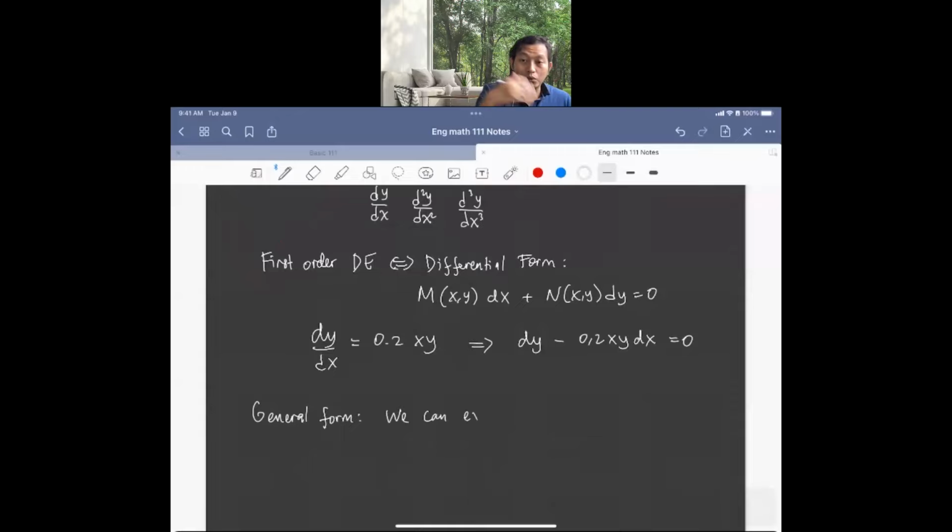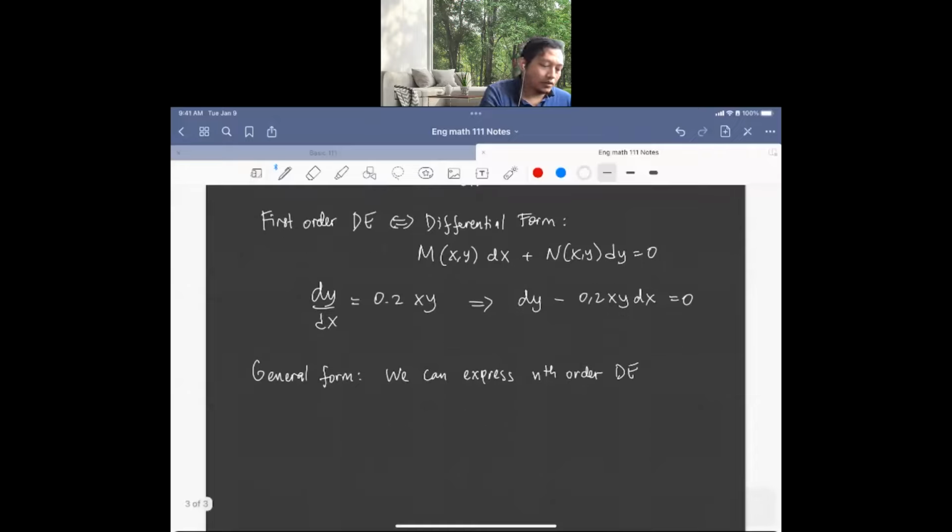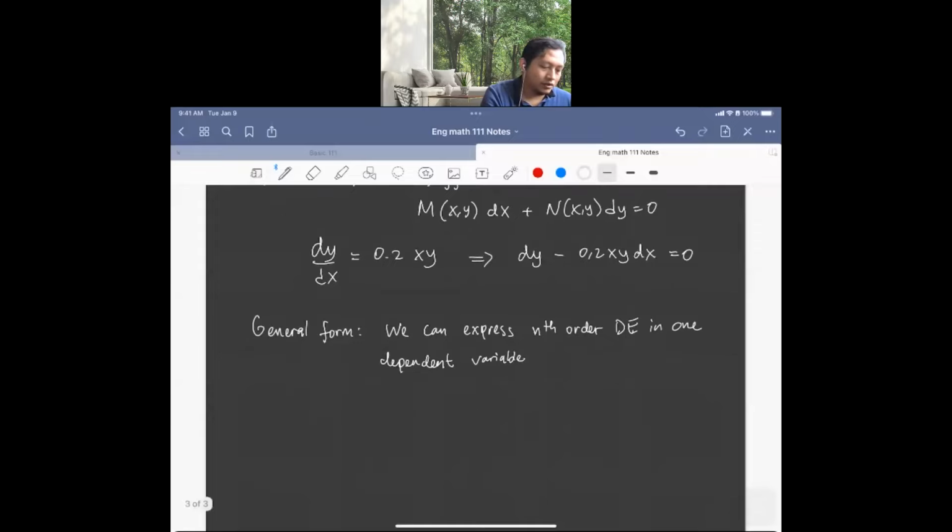So we can express, if we have higher order, like nth order differential equations in one dependent variable, let's say it's y, our dependent variable, we can express it as f of x, y, y prime, y double prime, and so on, until the nth order, equal to 0.